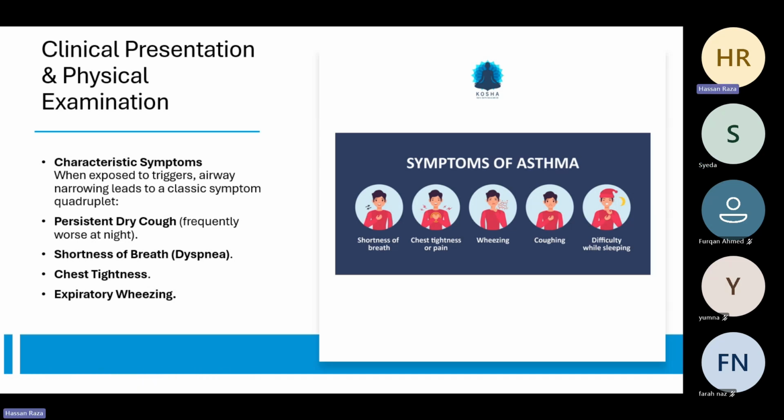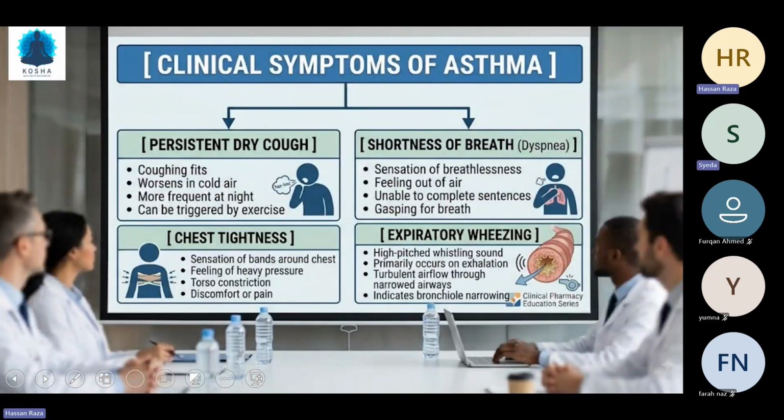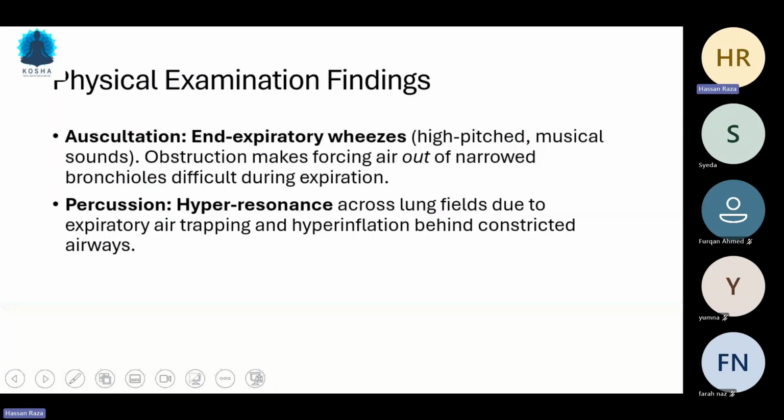So this is the same thing I have written. I told you in the previous slide that when you auscultate and the patient is exhaling, you will hear a whistling sound from the patient. This is how you can diagnose an asthmatic patient.